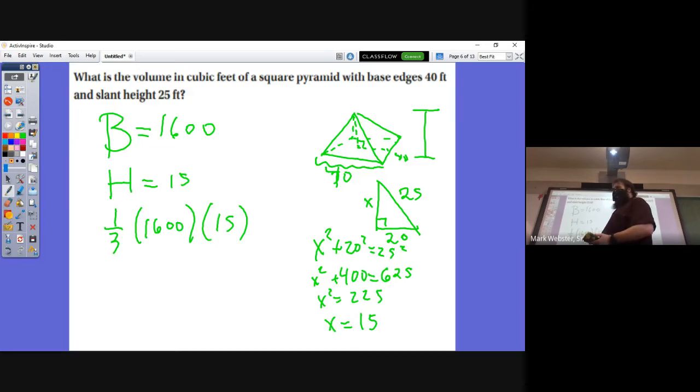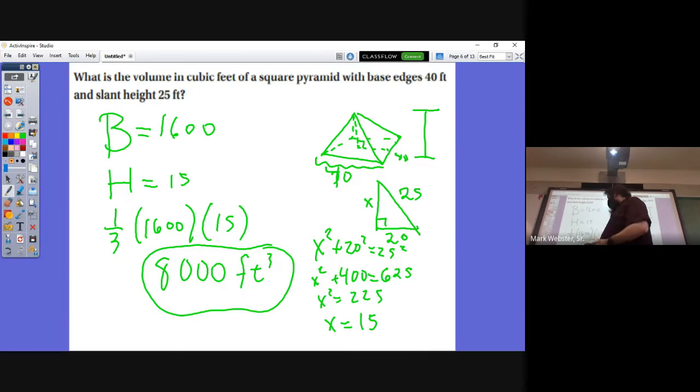Then 5 times 1600 is 8,000. Ta-da! But you know, calculator's fine too. Right now I've got the brain juices flowing. I want to ride the wave.